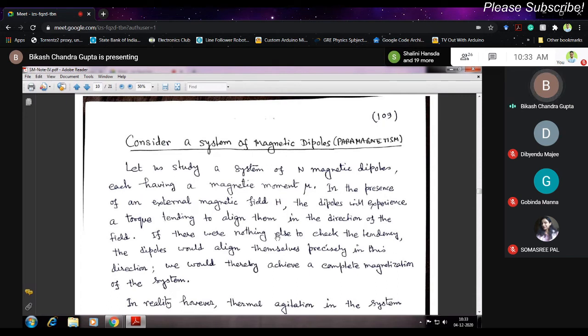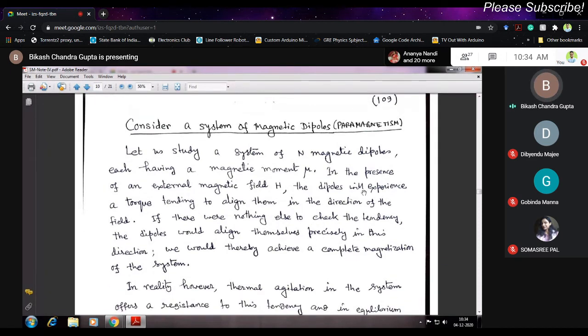Now, in the presence of a magnetic field, what do you expect? You expect that magnetic moments will try to align in the direction of the magnetic field. So dipoles will experience a torque tending to align them. In electricity and magnetism you have studied, if there is a magnetic dipole and you apply a magnetic field, then forces will act on it and produce a torque, and therefore it will try to rotate the magnetic dipole in such a way that the moment will try to align in the direction of the magnetic field, right?